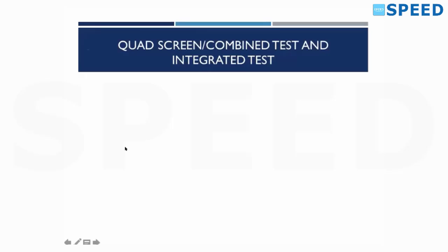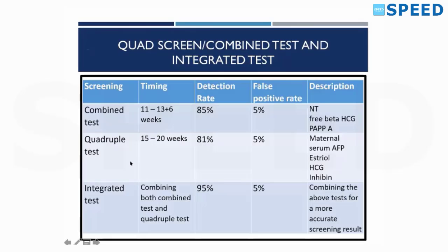Now, if you look into the table of quad screen, combined screen, and integrated test, this table will summarize everything for you. A combined test includes detection of pre-beta HCG, pregnancy associated plasma protein A, and nuchal thickness.